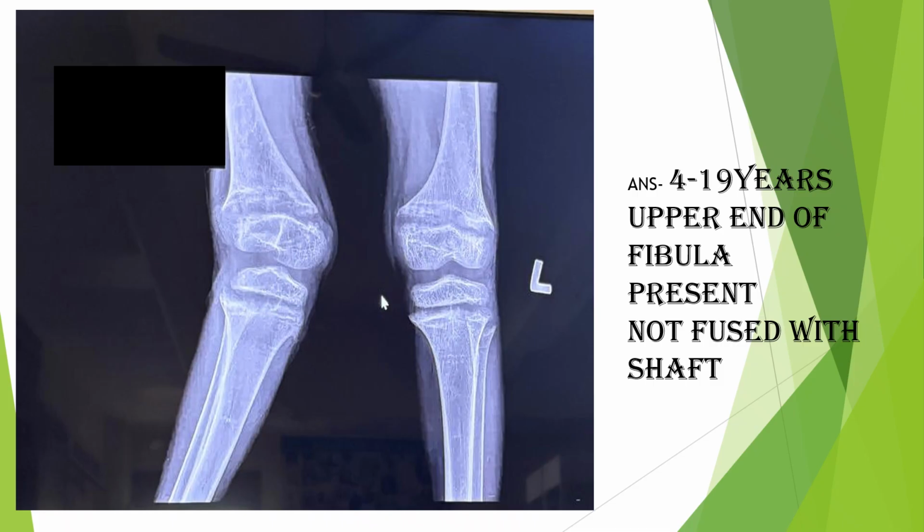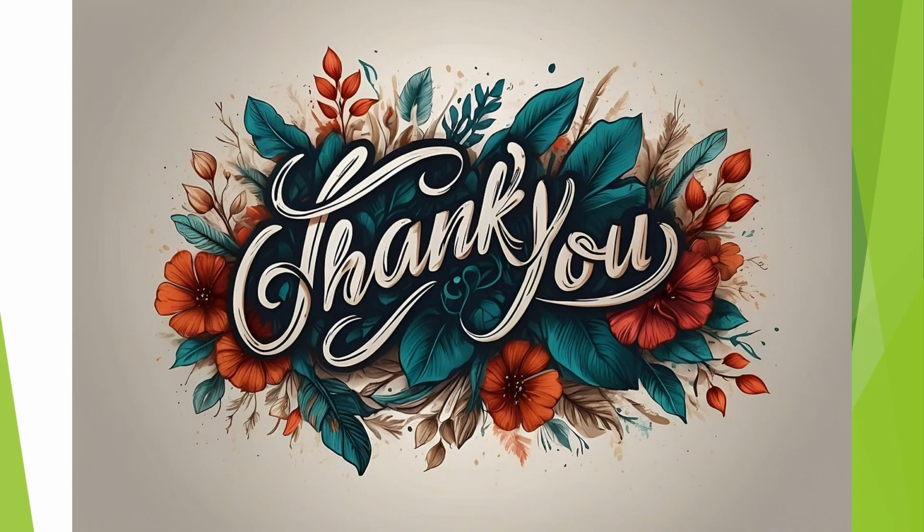So age is more than 4 and less than 19. Okay, because the upper end of fibula has appeared, that is 4 years, but not fused, so it is less than 19. Okay, so 4 to 19. Thank you.